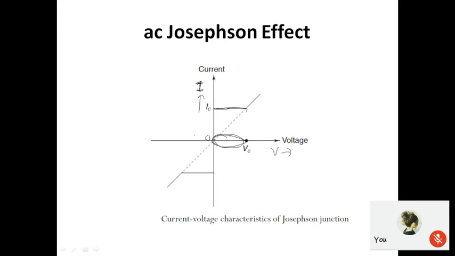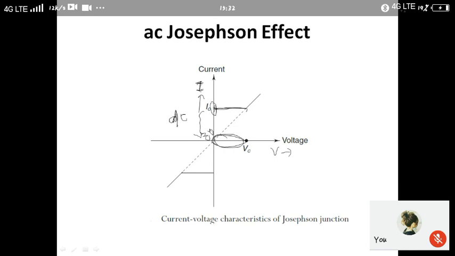So when V is equal to 0, at the origin, the corresponding current is given by IC, a constant current flowing through the junction. When there is no applied voltage, a constant current flows through the junction, and this corresponds to the DC Josephson effect. Therefore, from the volt-ampere characteristics, we observe that when V is equal to 0, still a steady current exists, that is nothing but IC.